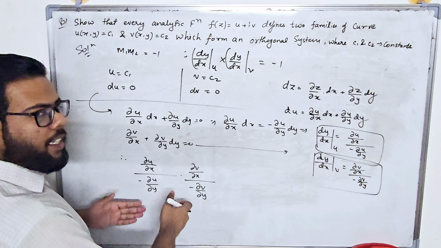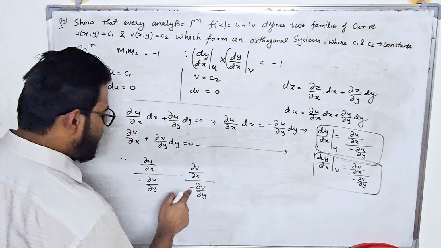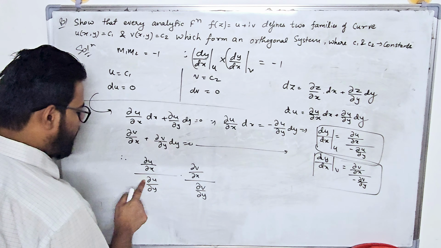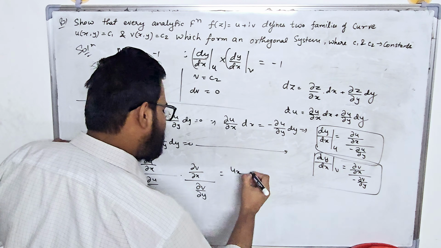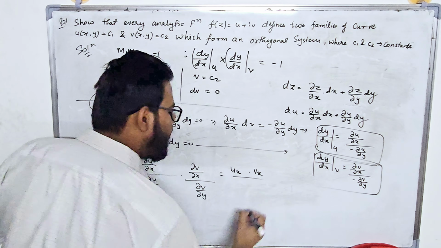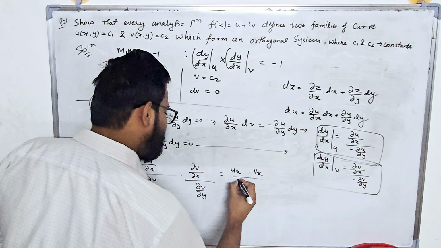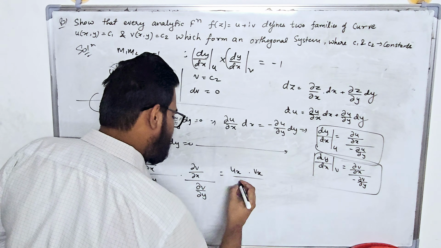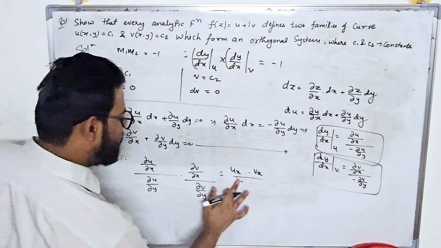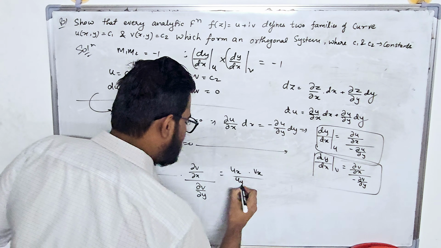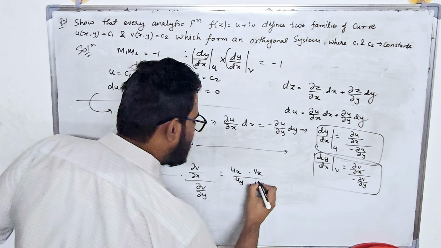Now we have to evaluate this. Well, the two negatives will become +1, so we can remove the negative sign. Now this is equal to ux times vx divided by uy times vy.